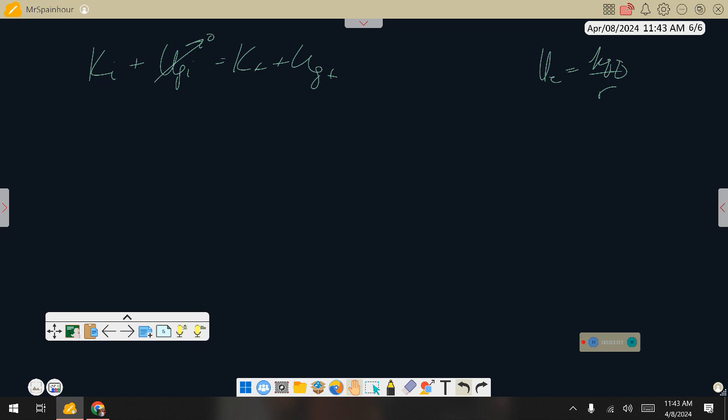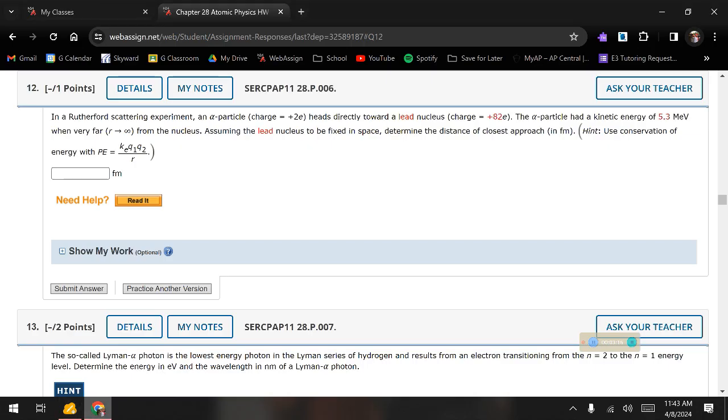Let's draw a picture if we haven't yet already. We have lead over here. I'm not going to draw all of the 82, but here is the lead nucleus, which has a charge of 82e. It says that right over there, 82e. You could have found that yourself, because what about lead would tell you that it's 82e? 82, correct. 82 is its atomic number.